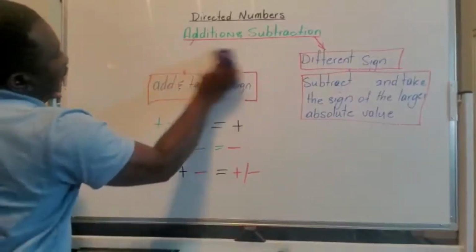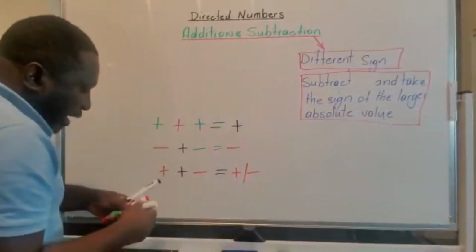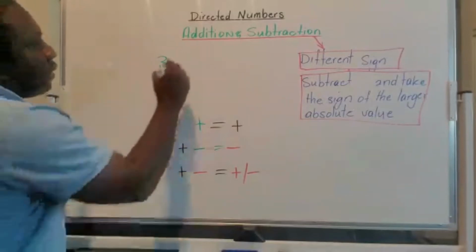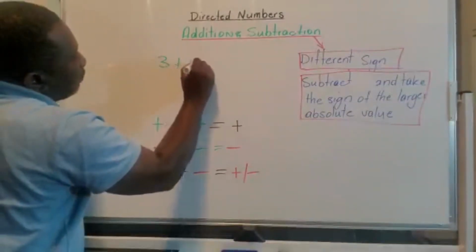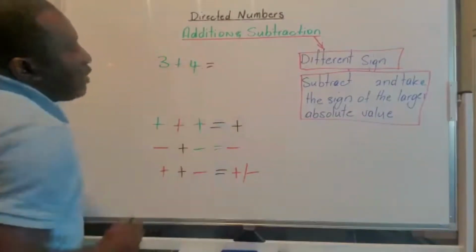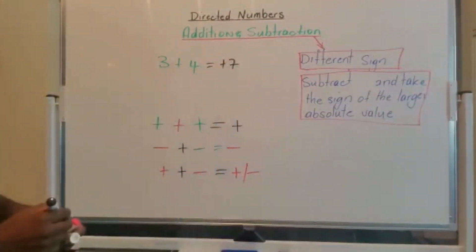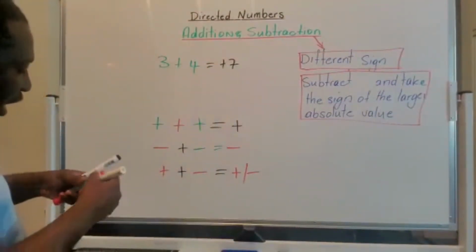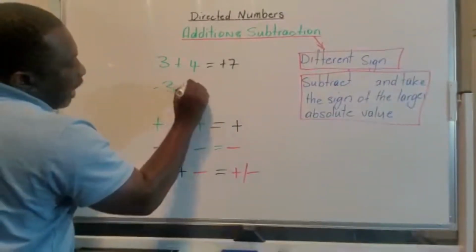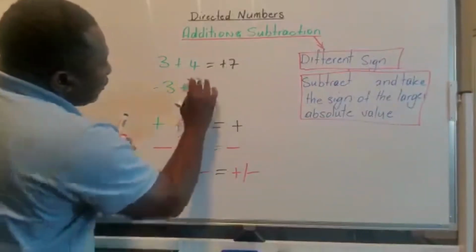Just gonna be erasing here, guys, just a bit. If I should have a positive 3 plus a positive 4, it says we should just go ahead and add, which will give us a positive 7. The outcome is positive. On the other side, a negative 3 is being added to a negative 4.